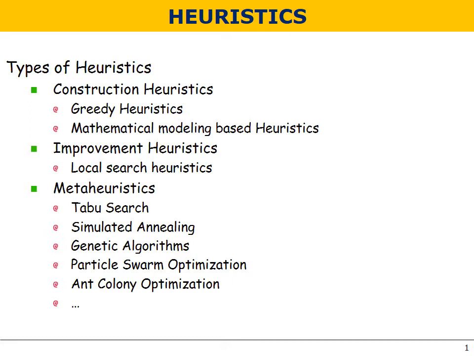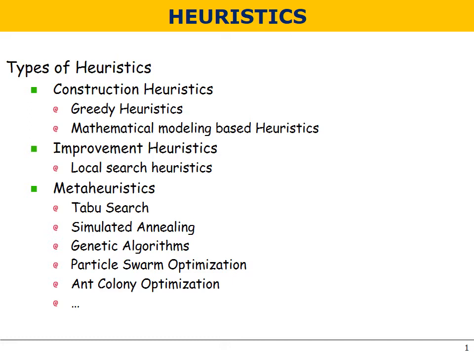We can also talk about meta-heuristic algorithms. In fact, meta-heuristic algorithms are also improvement type heuristics. Some of them include a construction phase as well. But basically, different from the improvement heuristics, in meta-heuristics you can allow non-improving moves in order to escape from local optima.